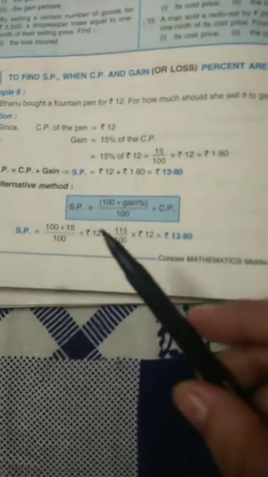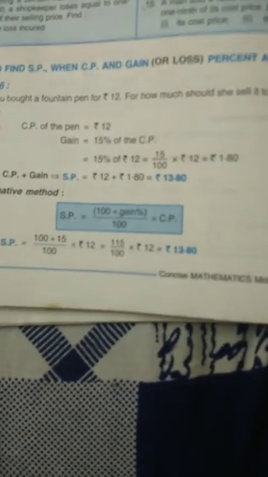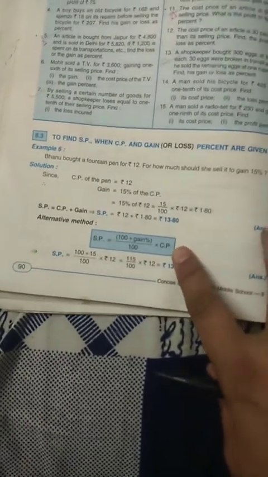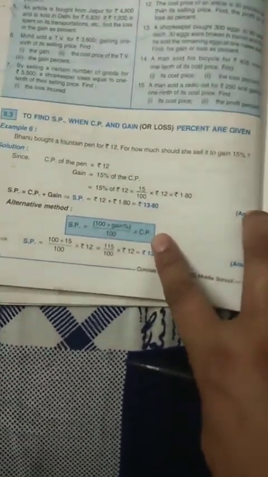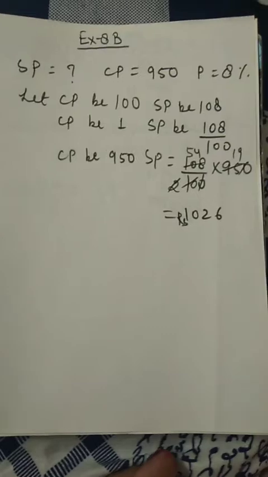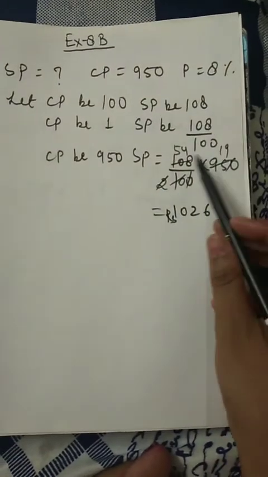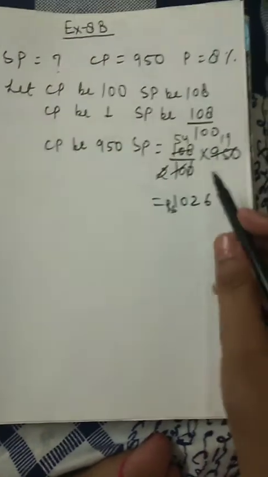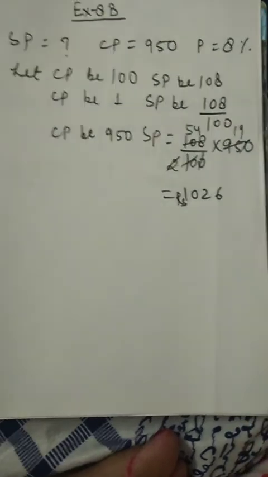Then you can use this formula to find selling price when you are having gain. When gain percent is given, you can use the formula given in the book directly, or you can do it by the unitary method. Finally, you will get this equation in the formula also, and by the unitary method you will get the same answer.